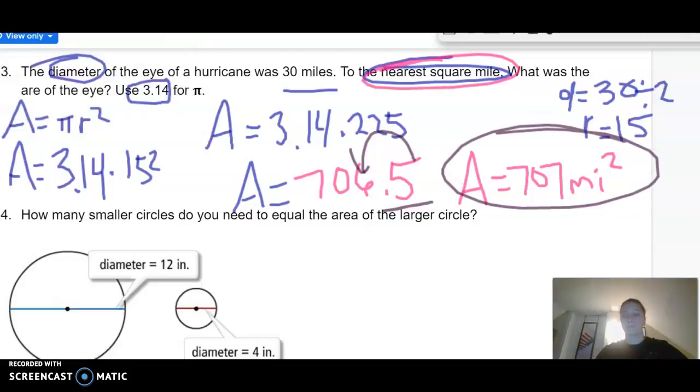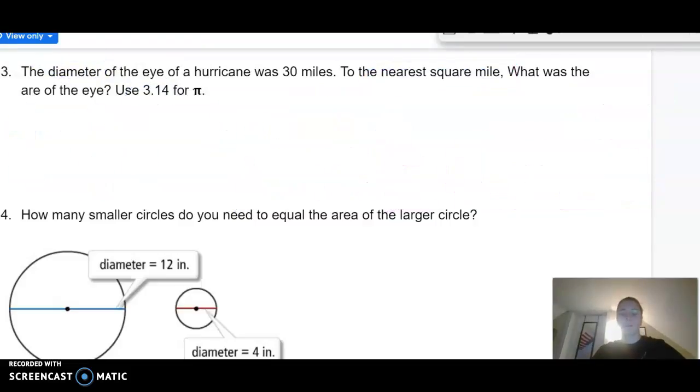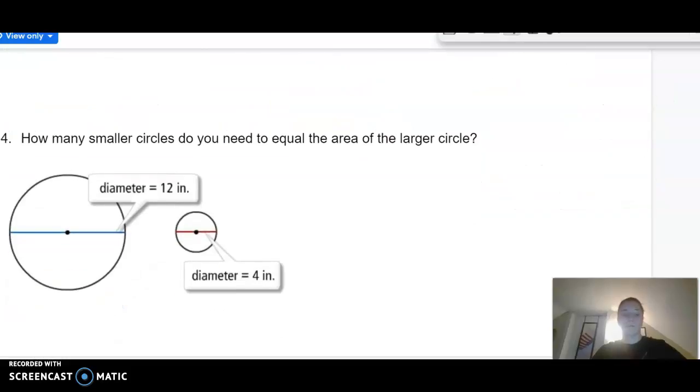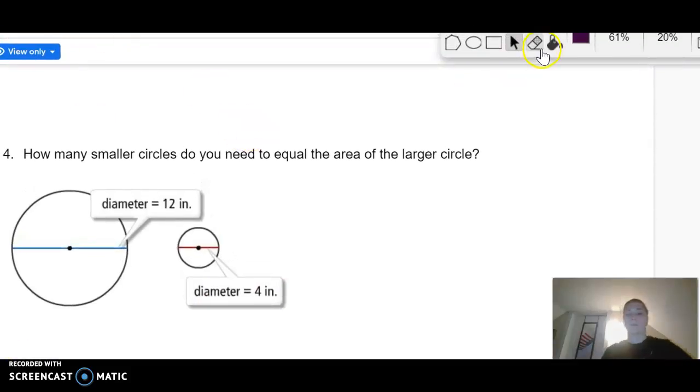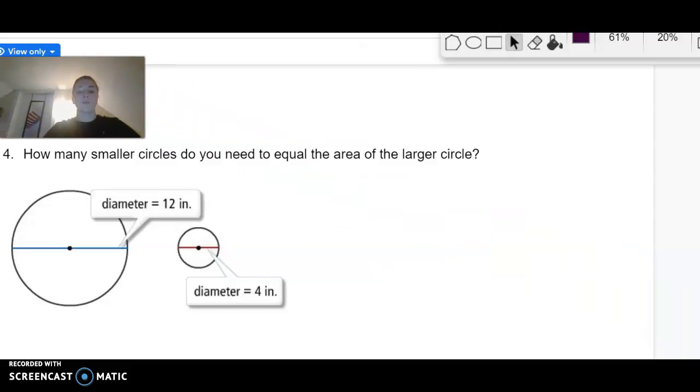Okay, now we're going to move down to our last question, number 4. Let's move this up a little bit. Okay, number 4. It says here, how many smaller circles do you need to equal the area of the larger circle?